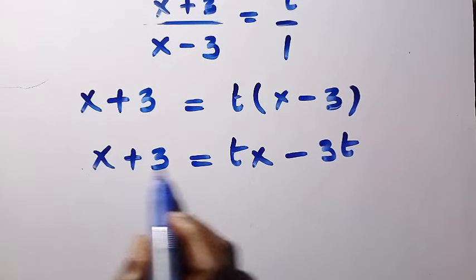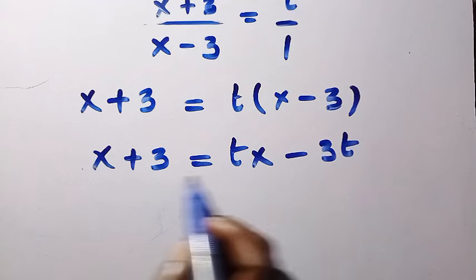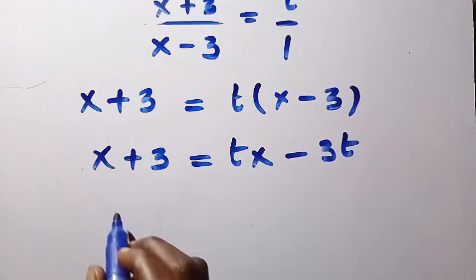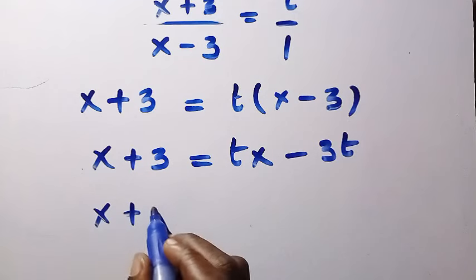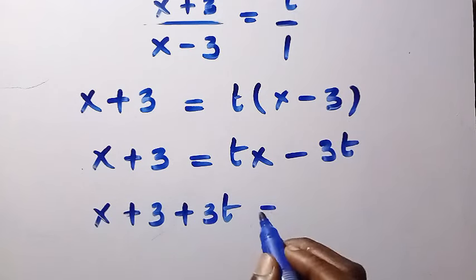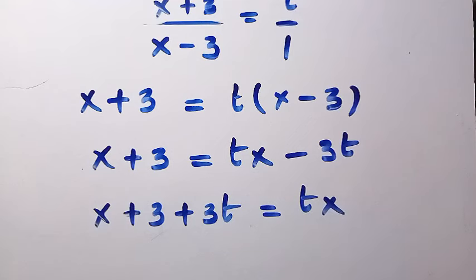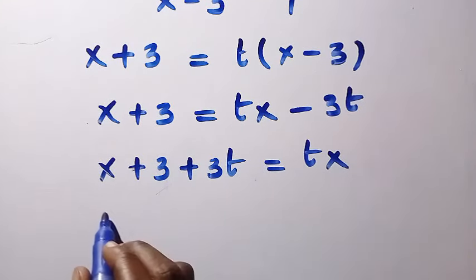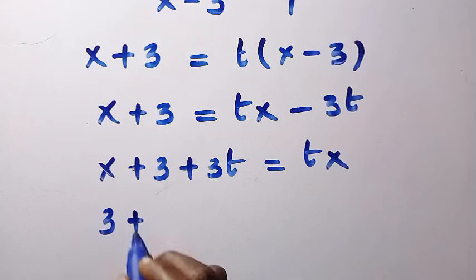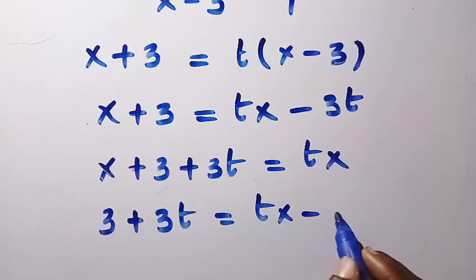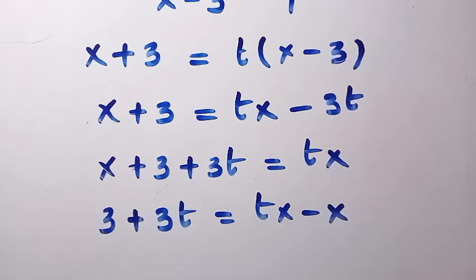Since we need x, we have to combine the x terms together. Let's take the minus 3t to this side: x plus 3 plus 3t equals tx. And again, let's transfer x to the other side: 3 plus 3t equals tx minus x.